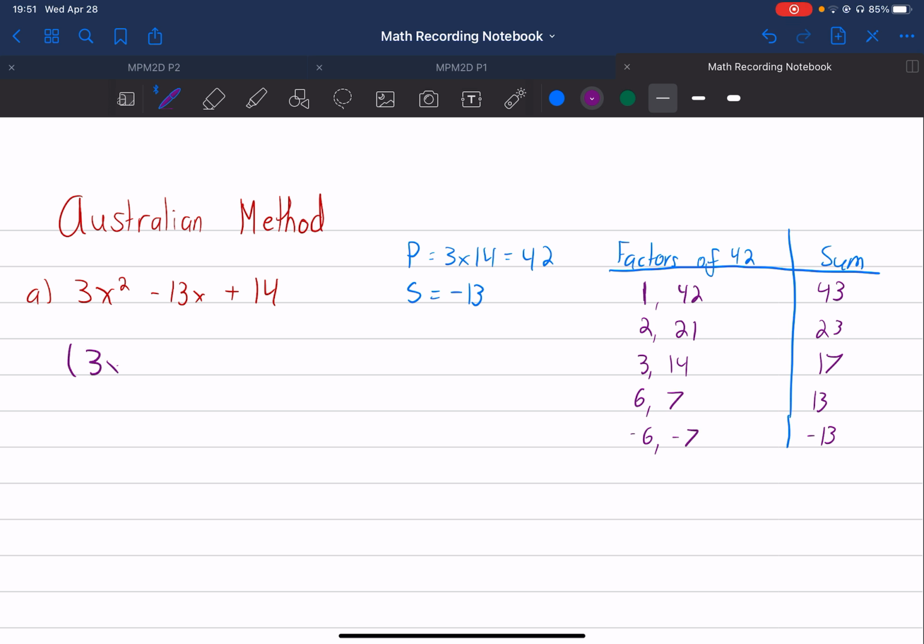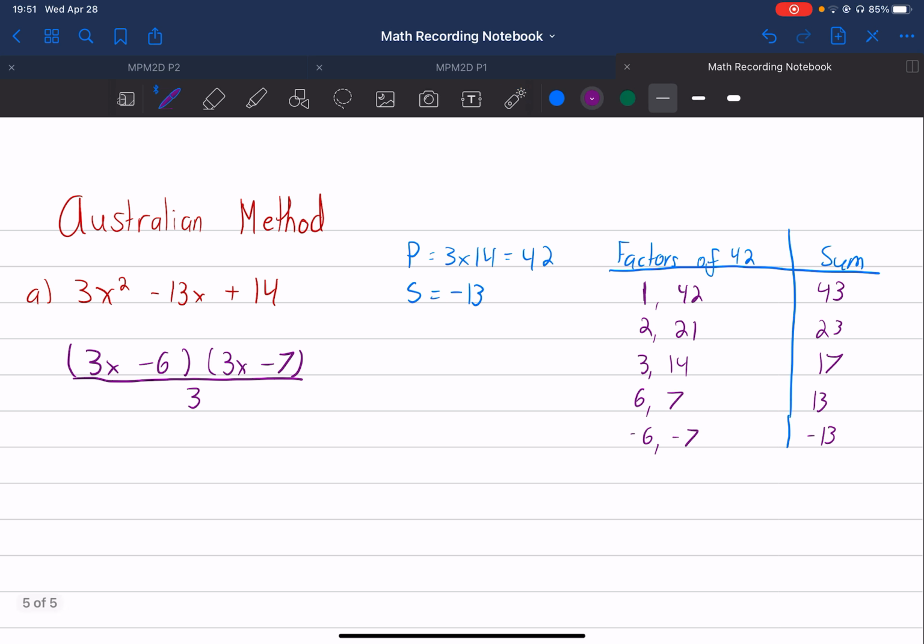We're going to have a 3x here, minus 6, and a 3x here, minus 7. Now, the reason this is called the Australian method is because we're not done. We're going to put down under our 3 what we couldn't common factor out. So we put it on the bottom.